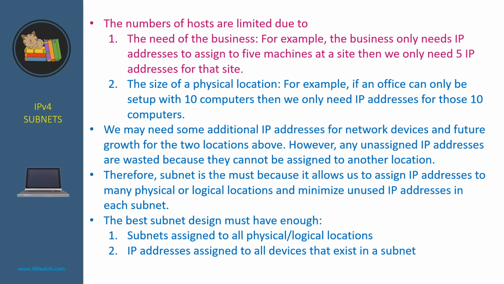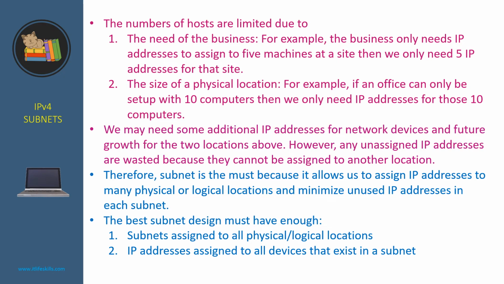For example, the business only needs IP addresses to assign to 5 machines at a site. Then we only need 5 IP addresses for that site. Or consider the size of the physical location. For example, if an office can only be set up with 10 computers, then we only need IP addresses for those 10 computers.